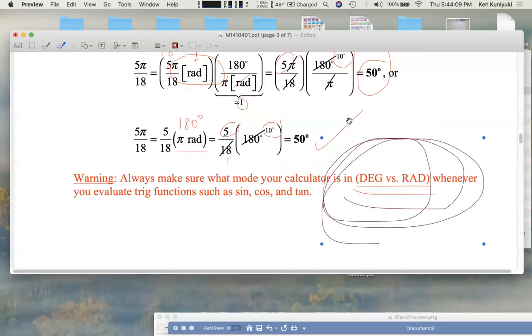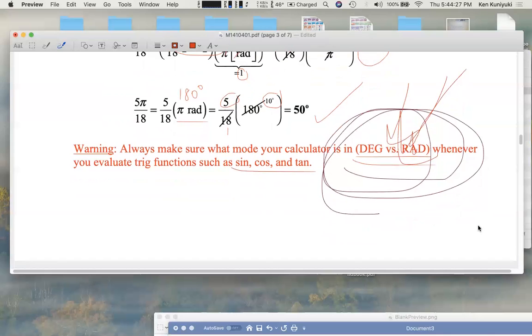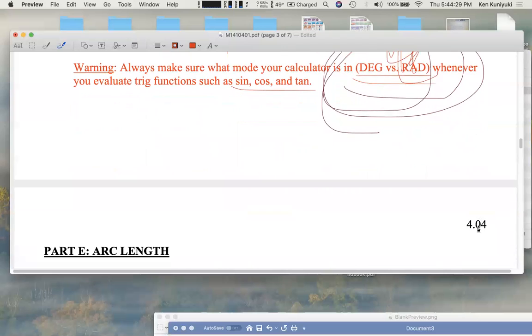Let's add on some red, put some arrows here. Am I making the point strongly enough? Know what mode your calculator's in if you're working out sine, cosine, and tangent. Otherwise, if you're doing like 2 times 3, then who cares? Okay, so next time we'll talk about the arc length formula.